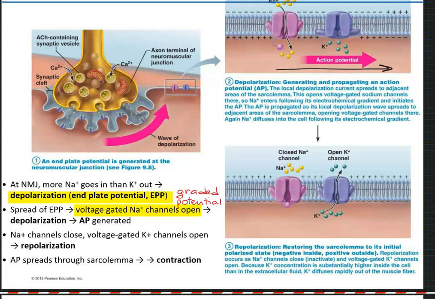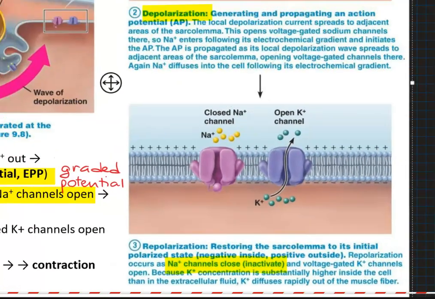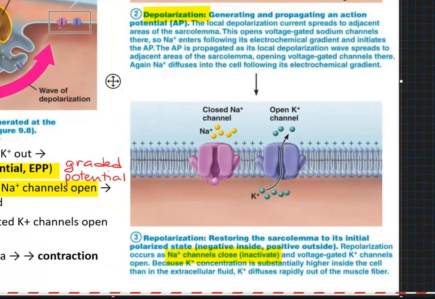Just like with the neuron, opening of voltage-gated sodium channels results in depolarization, while the closing, more specifically, inactivation of sodium channels and opening of voltage-gated potassium channels results in repolarization.